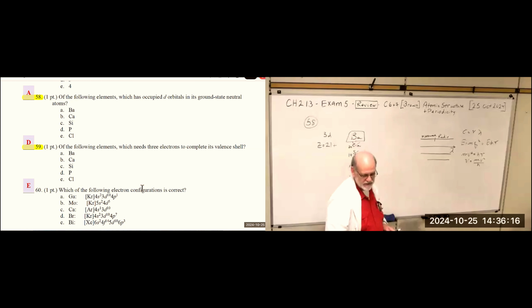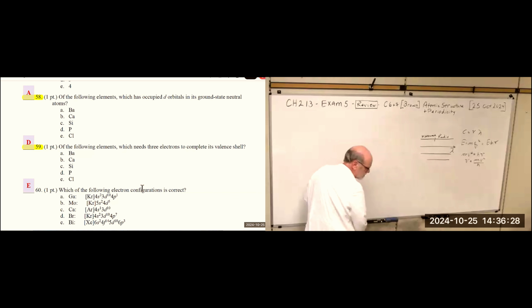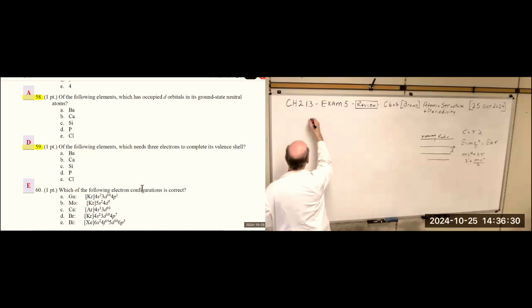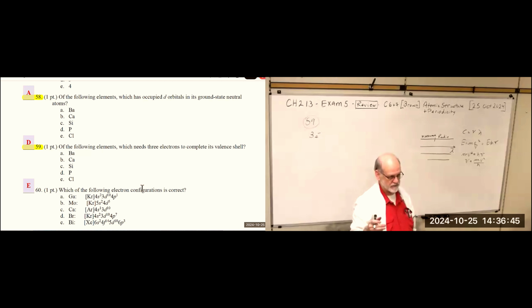Of the following elements, which needs 3 electrons to complete its valence shell? The best way to approach this type of problem: if you need 3 electrons added to complete your valence shell, look at noble gases, because they're all completed shells. Take any one of those and back up 3 positions.